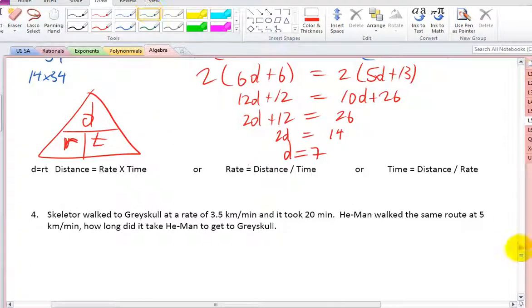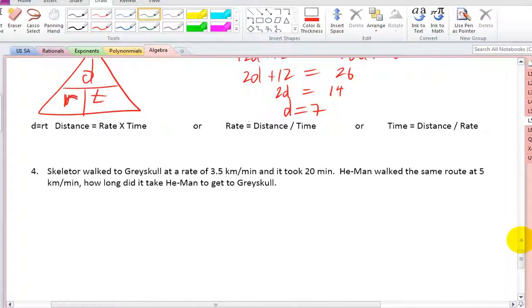So, Skeletor walking to Grey Skull. All right. Skeletor walked at 3.5 kilometers per minute and took 20 minutes. He-Man did the same route at 5 kilometers per minute. Okay. So what we're saying here, for Skeletor, his distance would be found by rate times time.